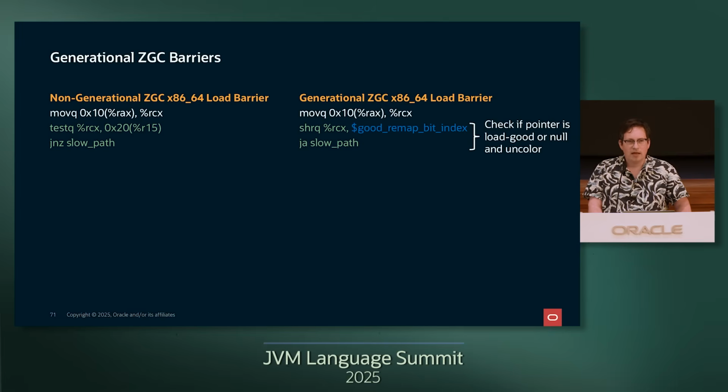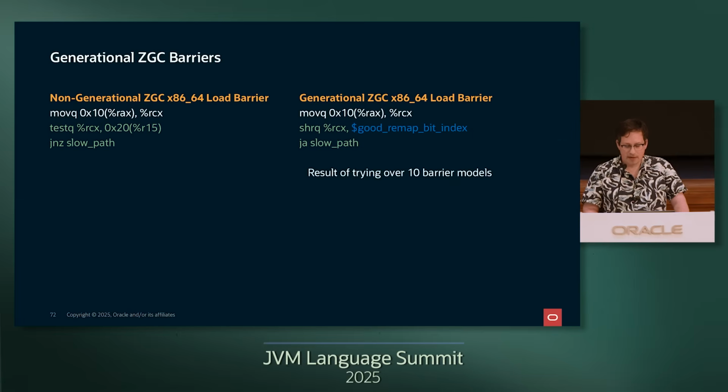We're checking if it's the right color, if it's null, does it need some kind of color transition? But we're also removing the colors, and still we're not using more instructions. It turns out that this was pretty tricky to get right, and it took over 10 different iterations of barrier models until we ended up here. And it's worth mentioning that the blue stuff is immediates that are concurrently modified in order to get this right, with cross-modifying code.